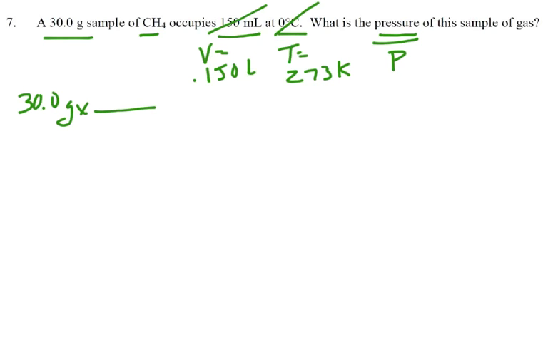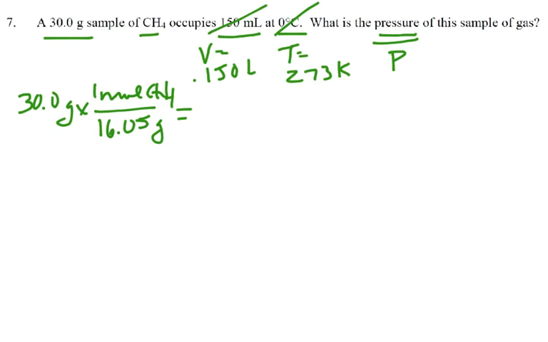of methane. Because we know the formula, we can say 1 mole of methane, carbon is 12.01, each hydrogen is 1.01, so we know that that's 16.05 grams.